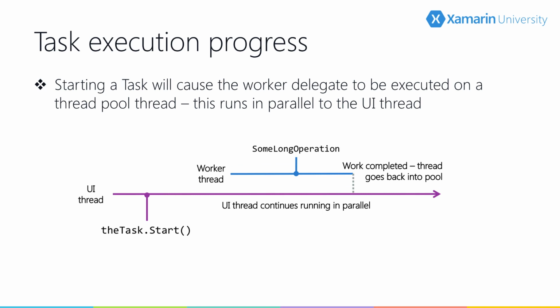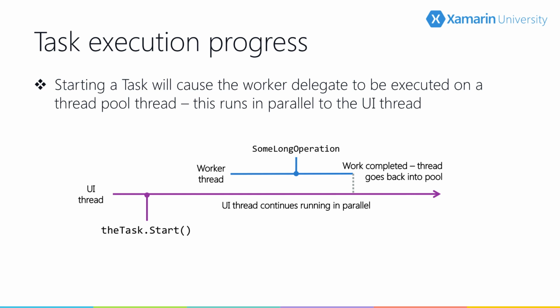Here's a more graphical picture of this process. Our UI thread is creating the task and calling its Start method. We just heard that this is not immediately running our delegate, but instead it's going to schedule a worker thread from the thread pool to do the work on our behalf. This thread will then eventually execute our long-running operation, and it will execute it in parallel to the UI thread.